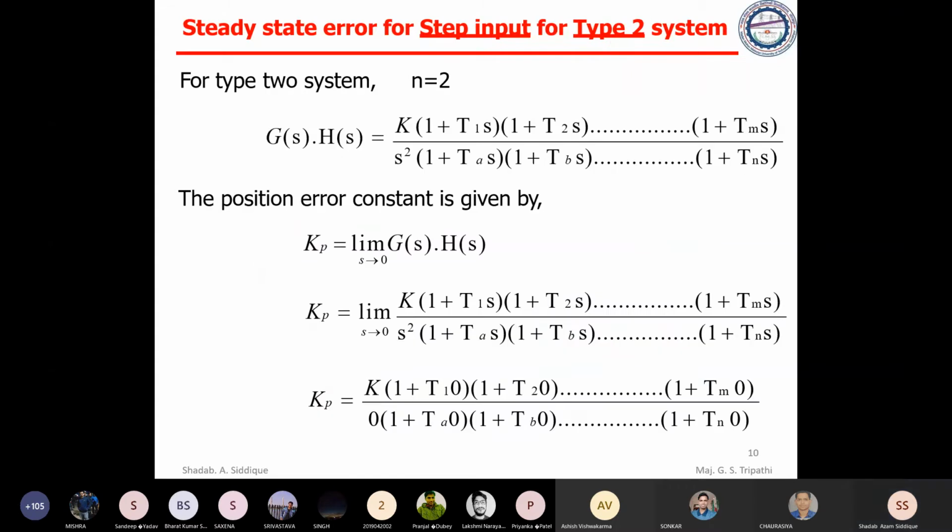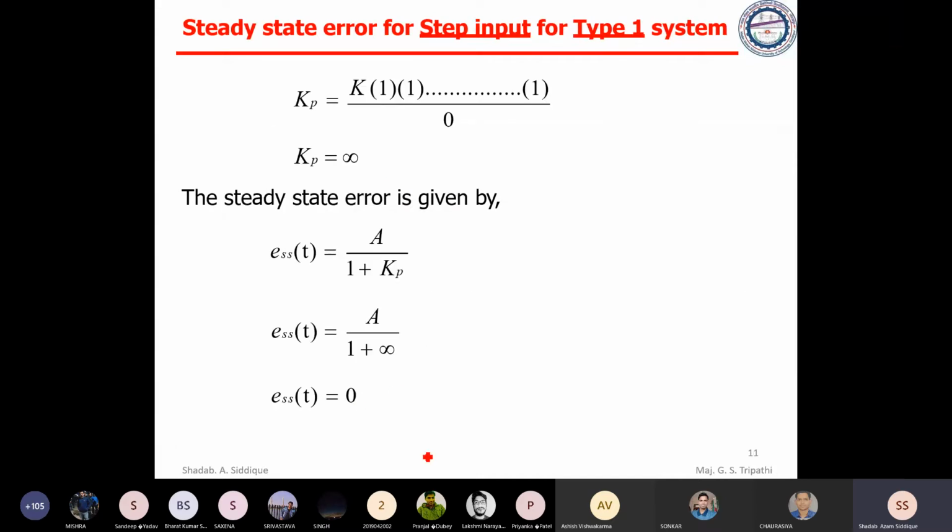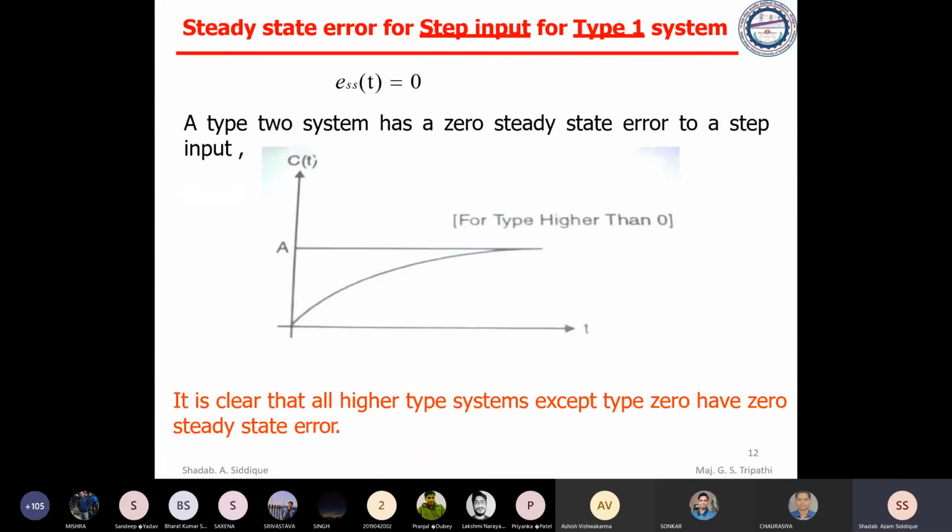Type 2 system, again this is s square, and they have found out KP. So KP is this one. Again, we are getting steady state error 0. So it is clear that all higher type systems except type 0 have 0 steady state error.